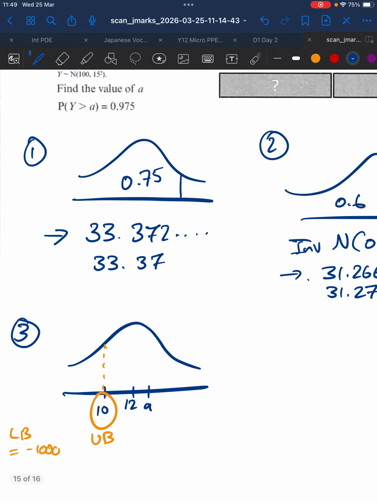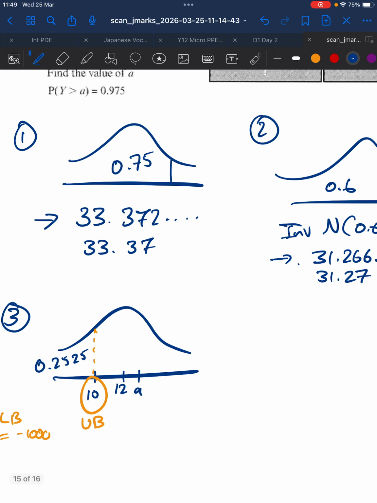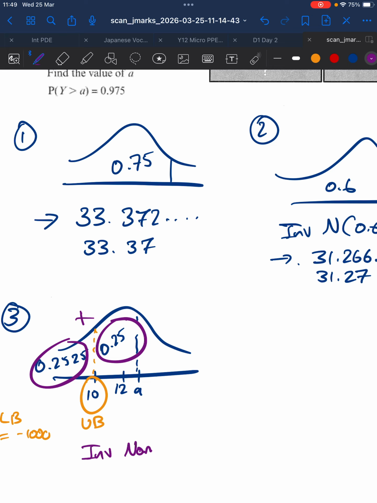I get 0.2524, I'm going to do 25, okay? So I get this value, and I want 0.25 on top. So I need to add these values together. If I add 0.5 onto it, I'm doing inverse normal of 0.5025. It's going to be very close to 12, this is. Yeah, it is. It's 12.018. So I'm going to put 12.02.